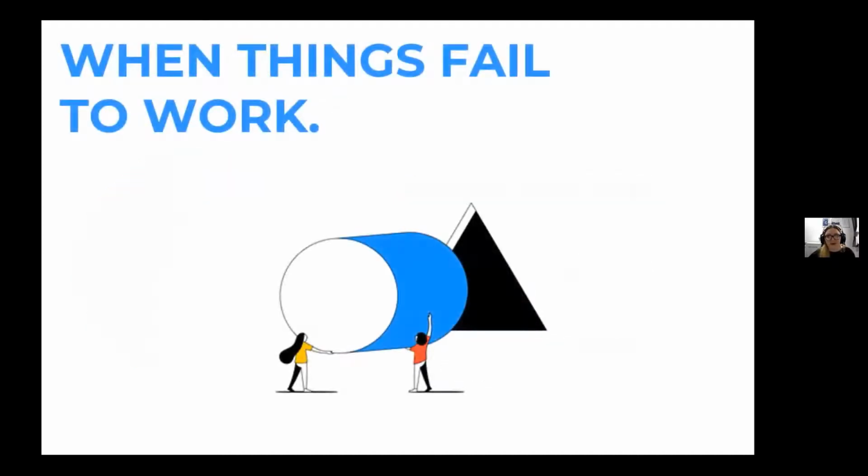When things fail to work, it's often because we're trying to fit a round peg into a triangular hole, or a square peg into a round hole. The reason is that we don't align the type of product that we want to use from the debt market with what we want to realize in our company.